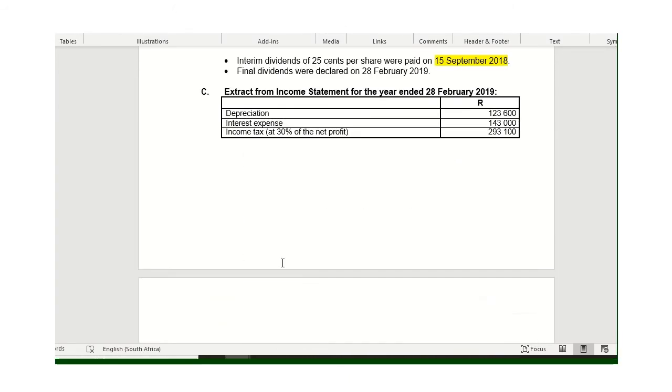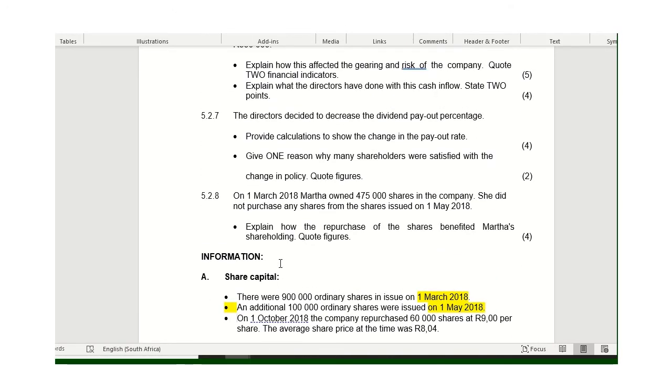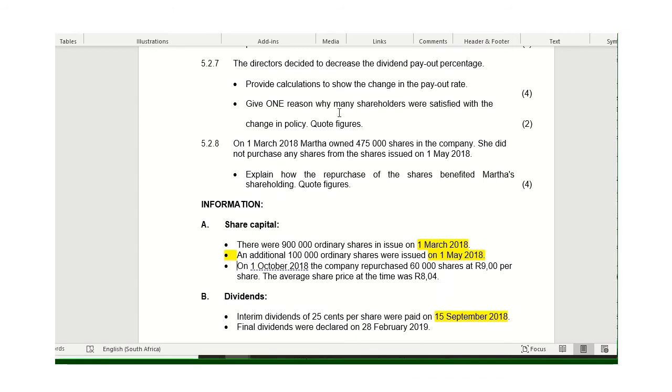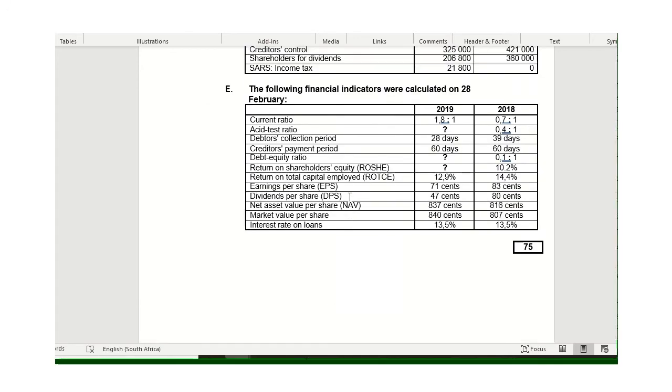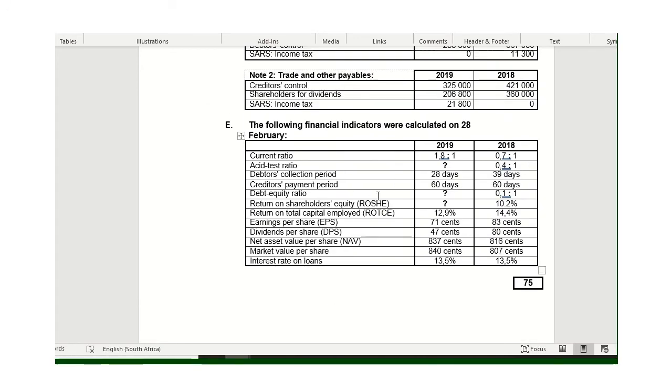So let's see what further we must answer. One reason why many shareholders were satisfied with the change in policy. Quote figure. So let's look at the figures. Why do we think the shareholders would have been happy with the decision?